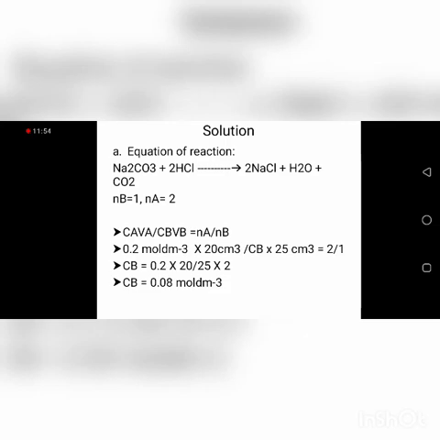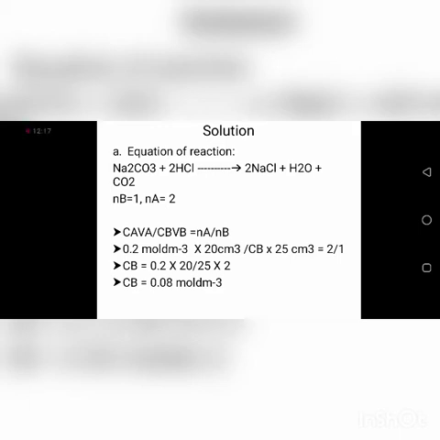Now, from this question, you write the equation of reaction. The reaction is between sodium carbonate and HCl to give sodium chloride, water, and liberate carbon dioxide. From the equation of reaction, we get the mole ratio. Number of mole of base is 1 from the equation, and number of mole of acid is 2.